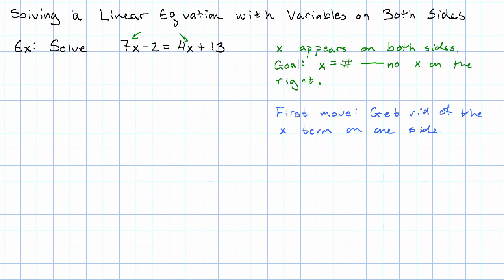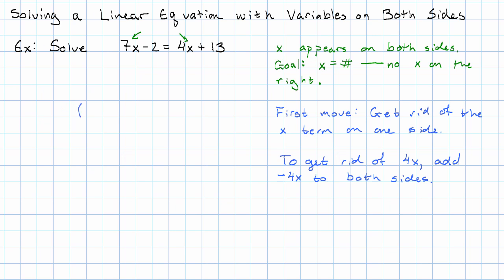So, in our example, to get rid of the term 4x, we'll add negative 4x to both sides. Now, I'm going to write this out in detail in this example rather than using the shortcut, just to make sure that we can see what we're doing.